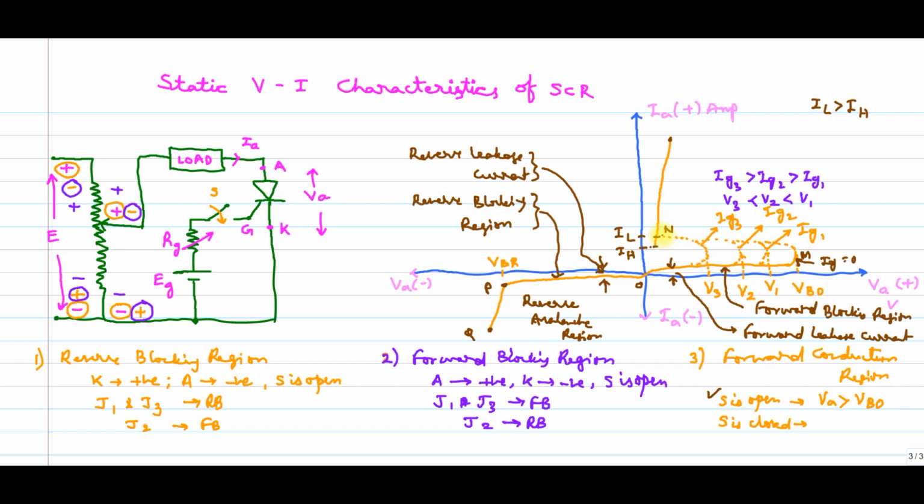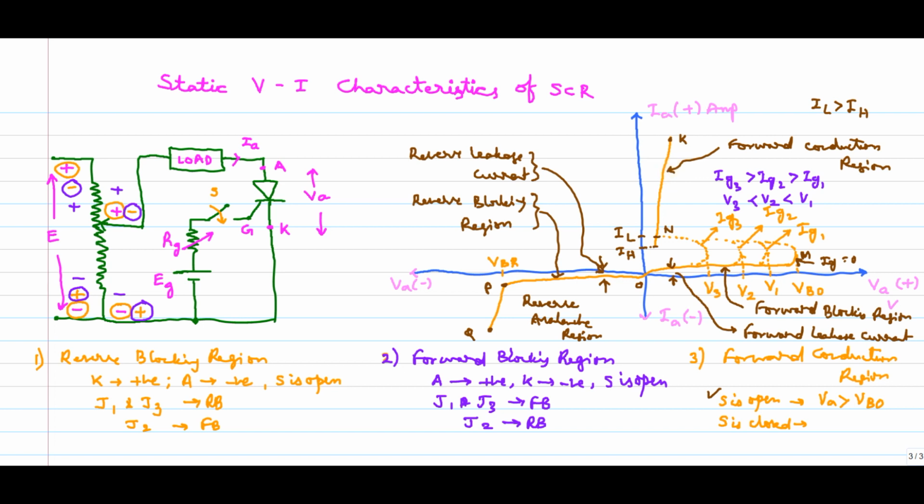It is a struggling part actually. The huge several hundreds of volts are converted into small 1 or 2 volts, and huge current will pass through this. After N there is K. The NK region is called the forward conduction region.